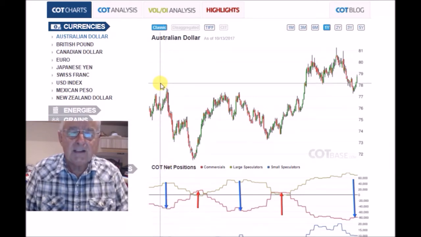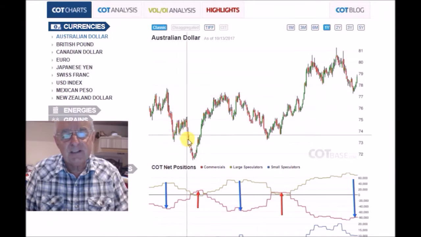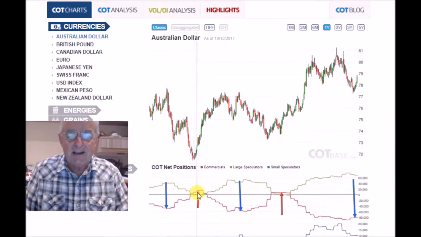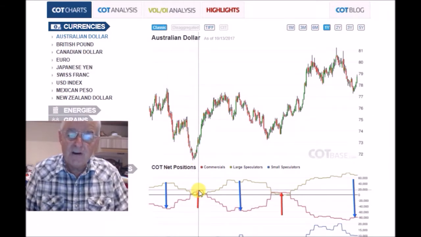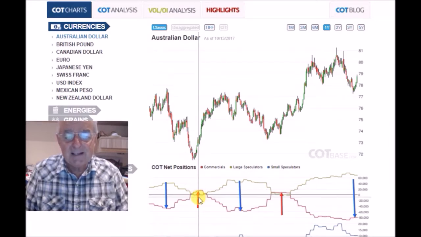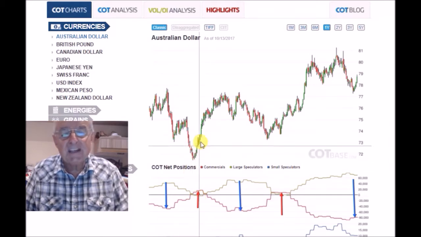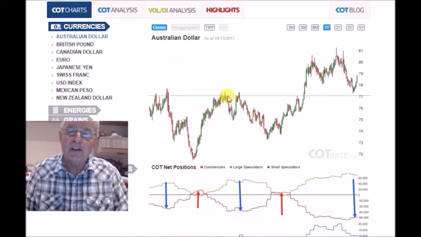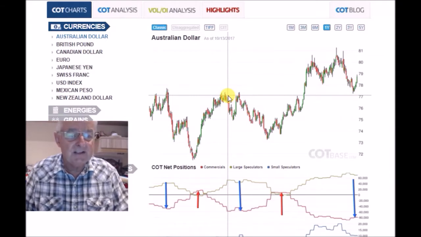We had a big drop in the price of the Australian dollar. Conversely, when we were at a high and very bullish for the commercials, and fairly bearish for the non-commercials, we had a rise in the price of the Australian dollar.